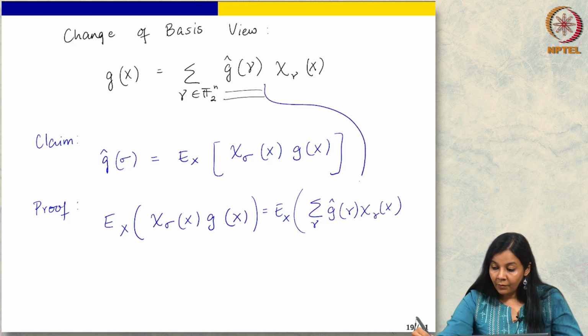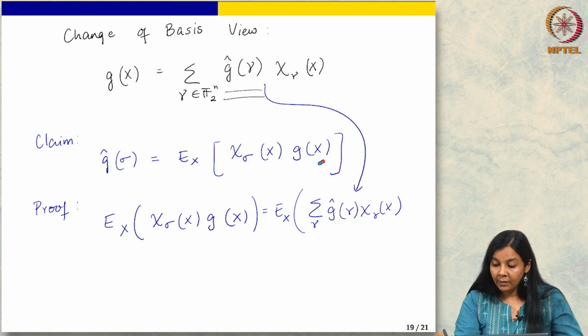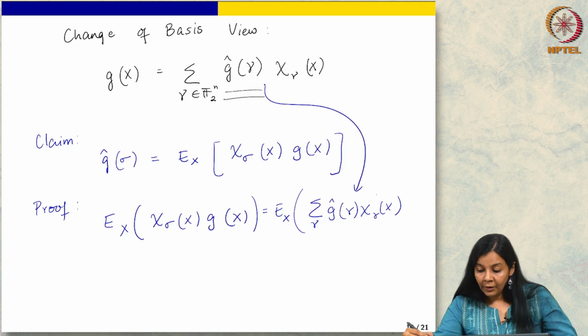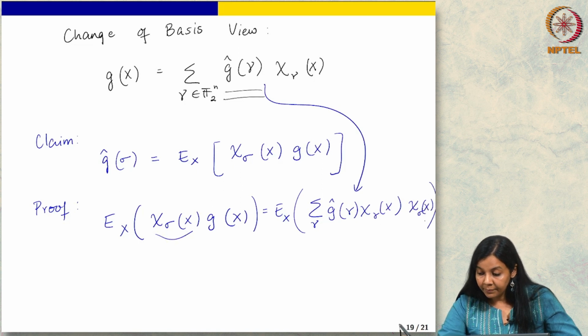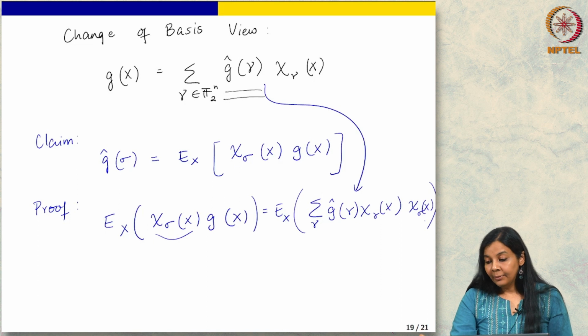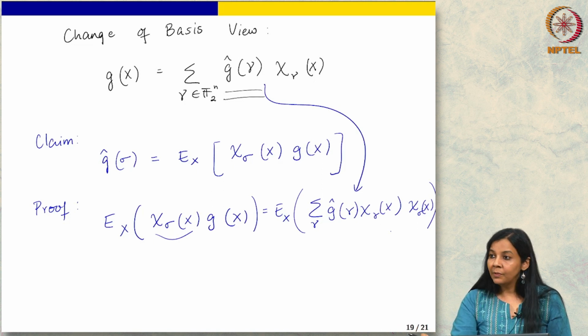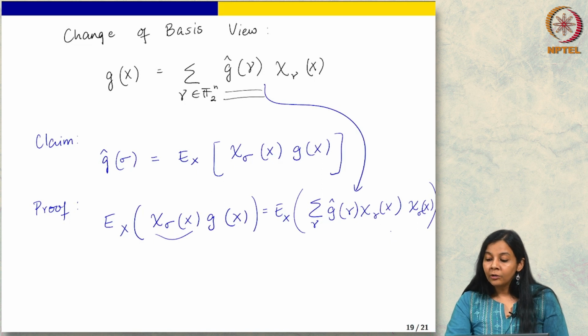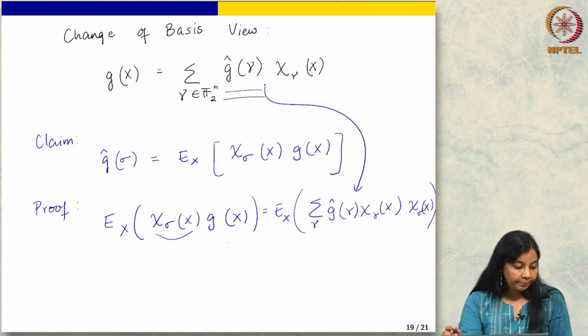So this is just following from here. I'm just writing gx using this notation here, and there is this extra term here. So there will also be a chi sigma x over here. I hope that this was clear. We did nothing, we're just doing some simple symbolic pushing around. So we simply replaced gx using this expansion.